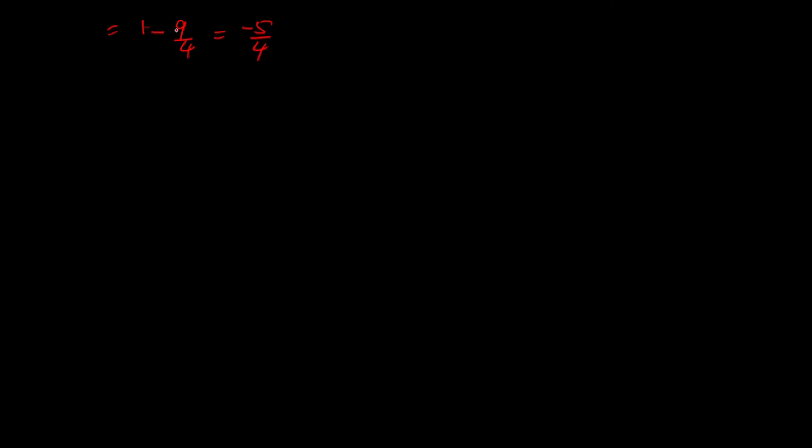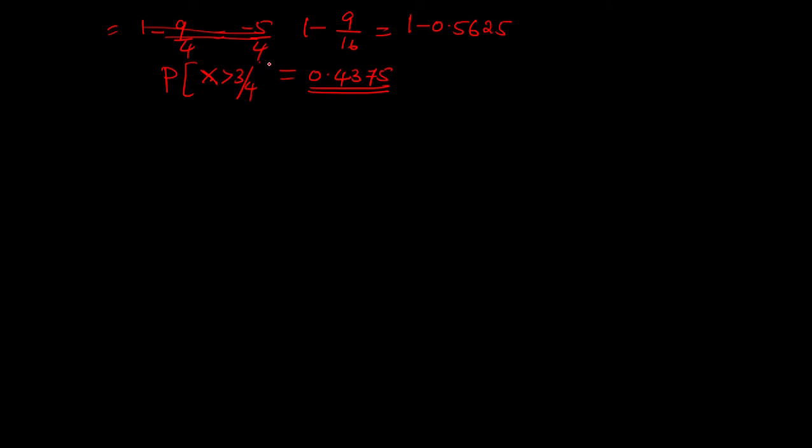Sorry, it's not 9 by 4. 1 minus 9 by 60, which is equal to 1 minus 0.5625, and that is equal to 0.4375. That is the probability when x has got value greater than 3 by 4.